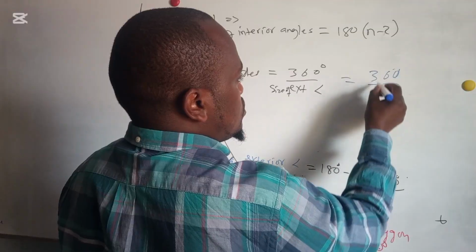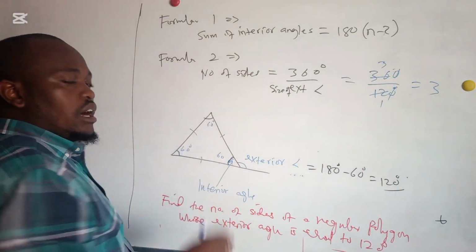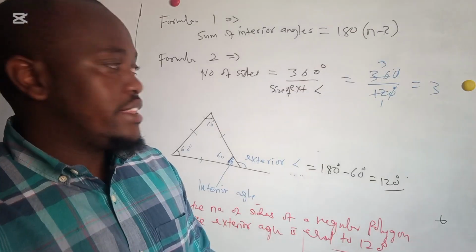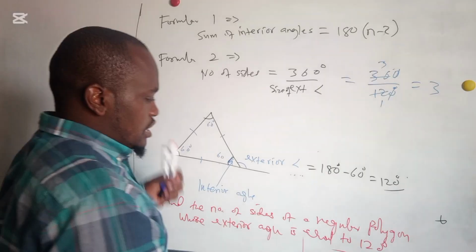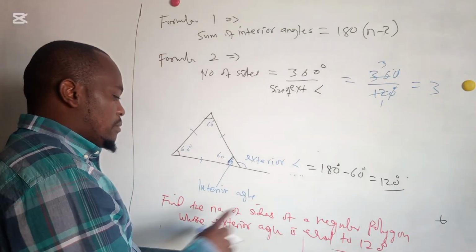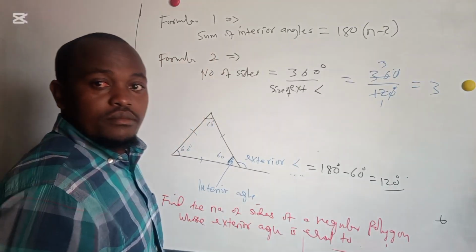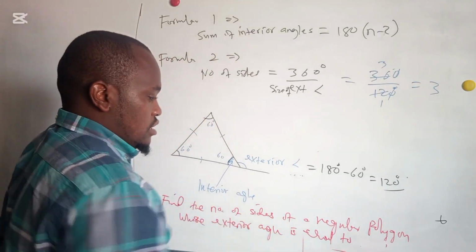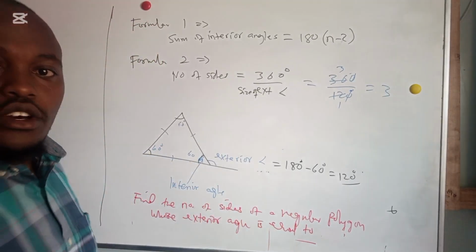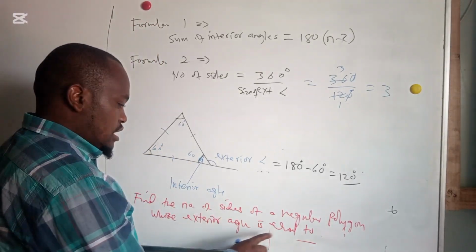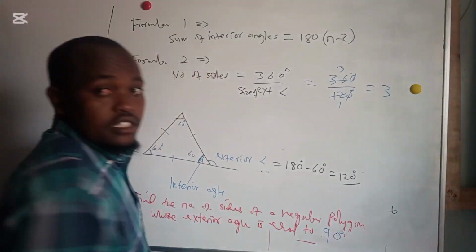12 goes into 36 3 times. So n is 3. We know the triangle has how many sides? 3. Suppose this question is rephrased and you are told, find the number of sides of a regular polygon whose exterior angle is equal to 90 degrees.